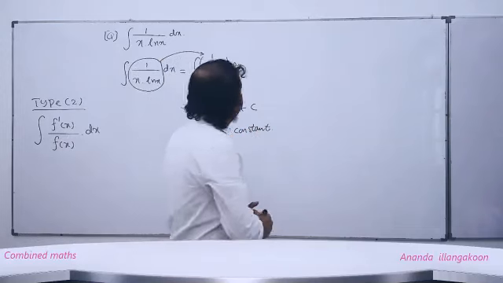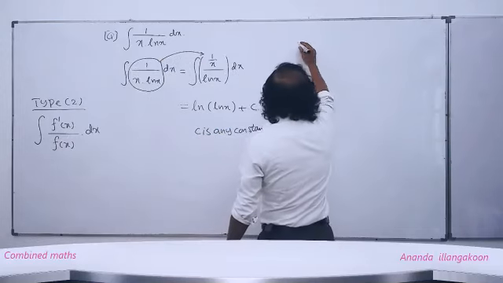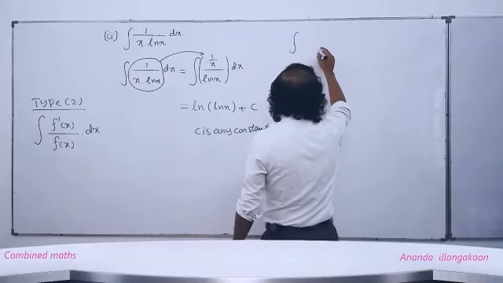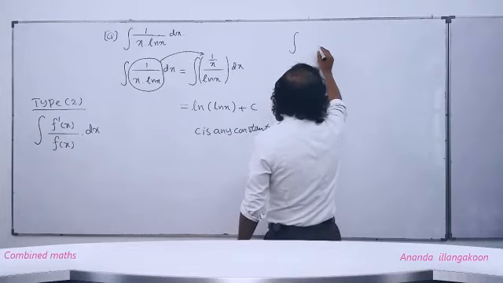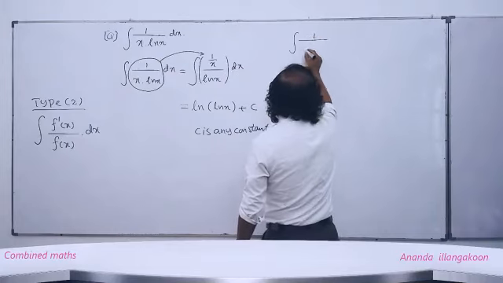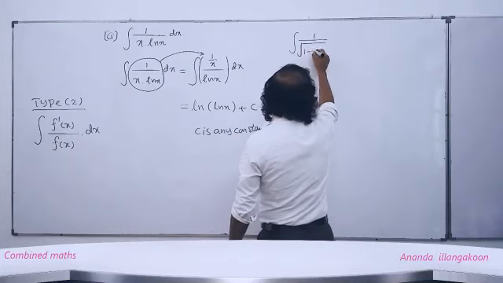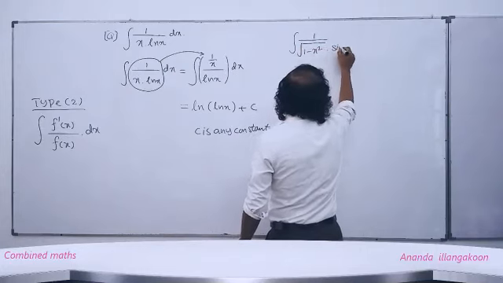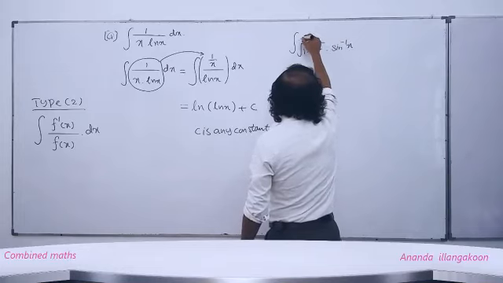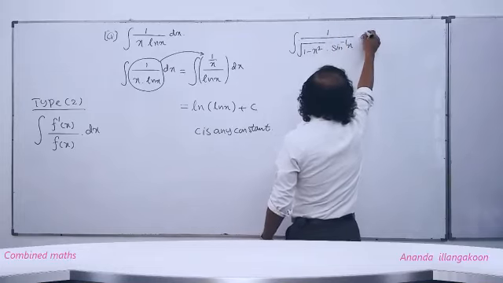Next one, people. 1 upon square root of 1 minus x squared, sine inverse x, dx.